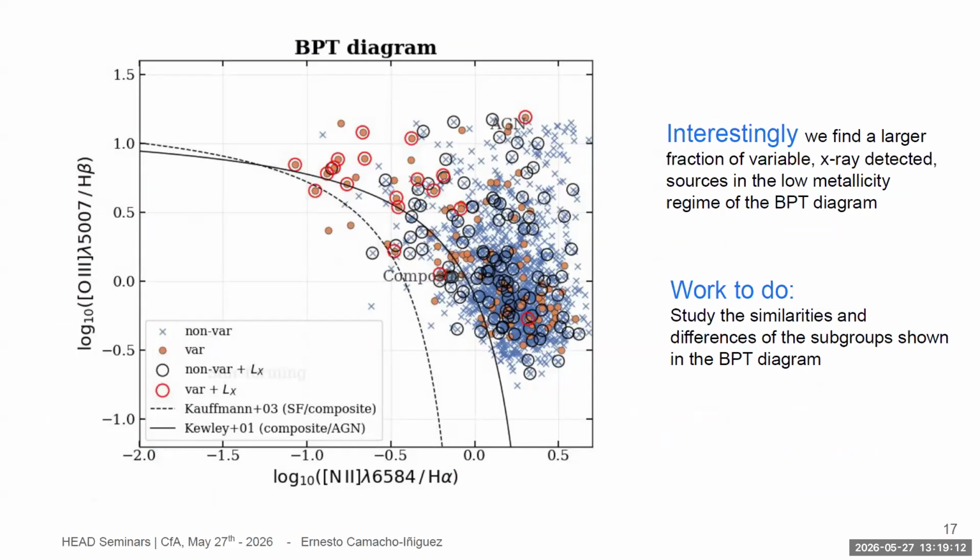So you can clearly see that, interestingly, we can find a larger fraction of variable sources that are X-ray detected for the low metallicity regime of the BPT diagram. And yeah, this is new. So we still have to see what the differences are, for instance, in the light curves or the PSDs when comparing these different populations. So I think this is exciting.